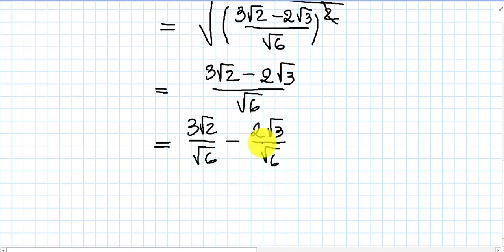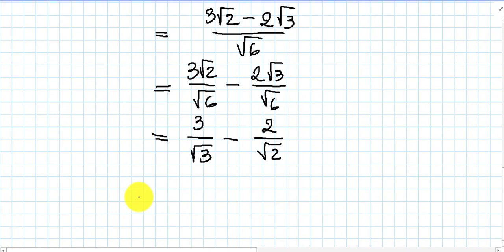And we can simplify it. We get 3 over square root 3 minus 2 over square root 2.